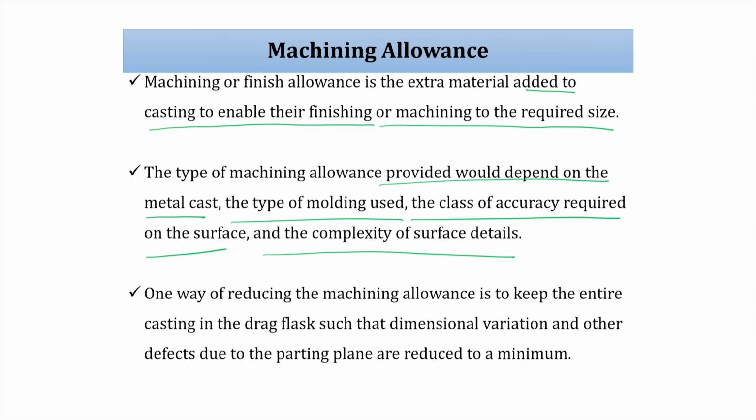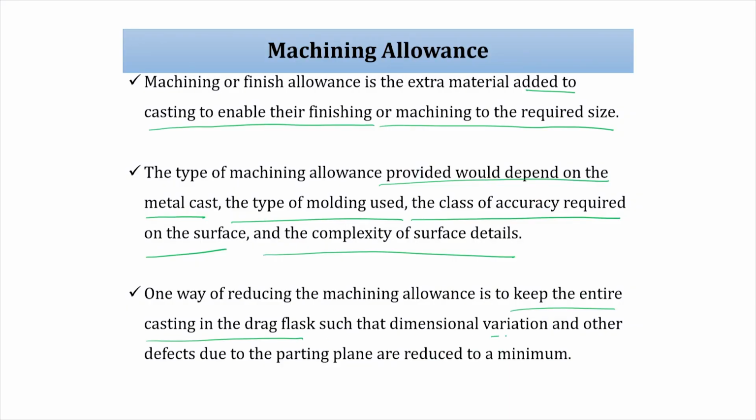Okay. One way of reducing the machining allowance is to keep the entire casting in the drag mold. To reduce machining allowance, you can keep your whole pattern as one piece in the drag mold, so that dimensional variation and other defects due to the parting plane are reduced to a minimum.